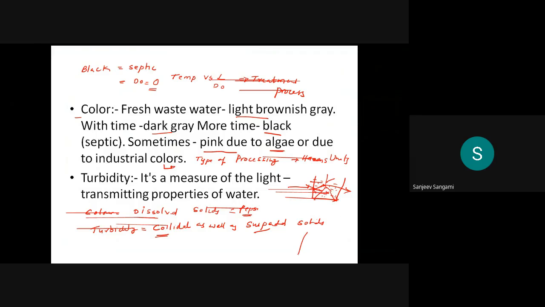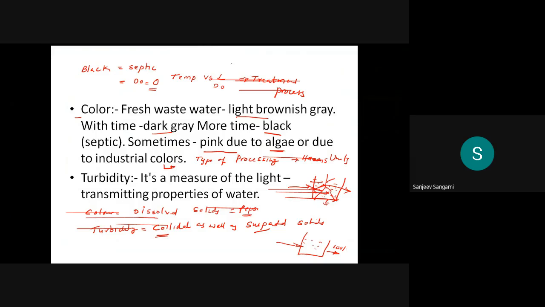In color, as I already said, water will be there, Pepsi will be there, and whatever the light, 100% of it will be transmitted. So we can call it 100% transmittance in color. But here you won't get that. The working principle of turbidity depends on light transmission and absorption.